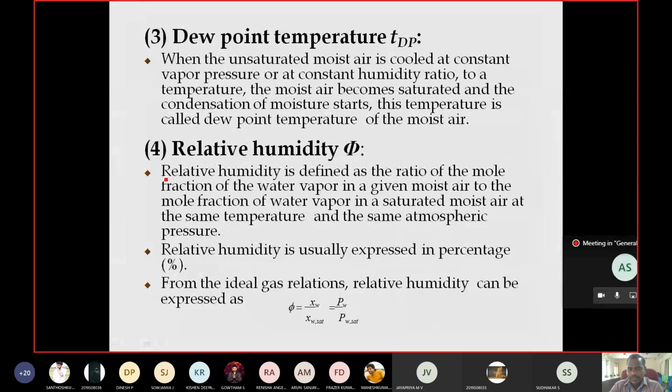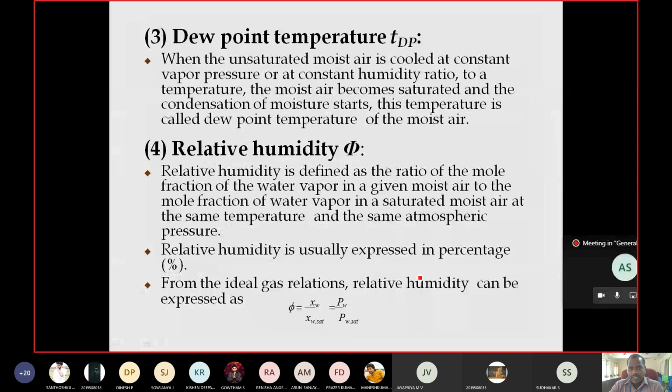So it is the ratio between the mole fraction of the water vapor in the actual moisture and in saturated moisture. Normally relative humidity will be expressed in percentage. The formula for phi will be Pw by Pw saturation, that is pressure of water vapor divided by pressure of saturated water vapor, right?